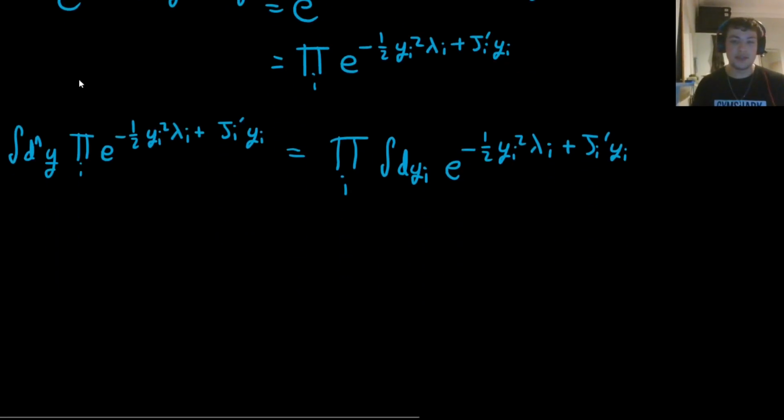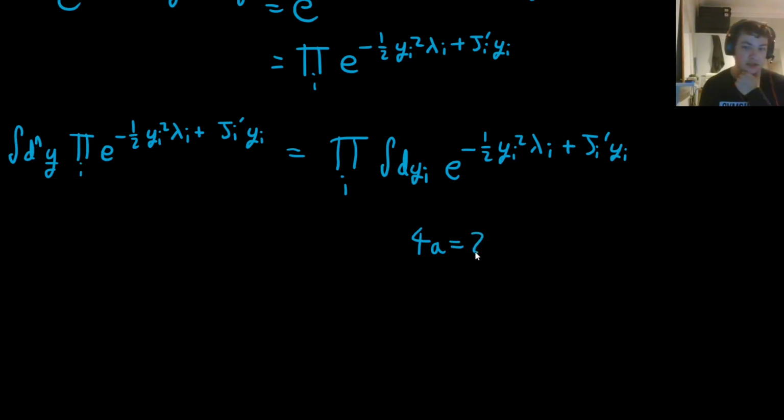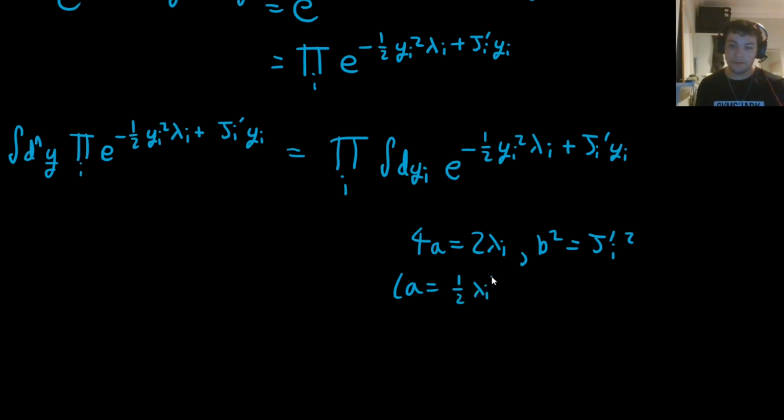So this is what we had before, and we've got that 4a is 2 lambda i, and b squared is j primed i squared, because a is, it's not minus, it's just 1/2 lambda i from our definition of a before, and b is j primed i for the ith integral.